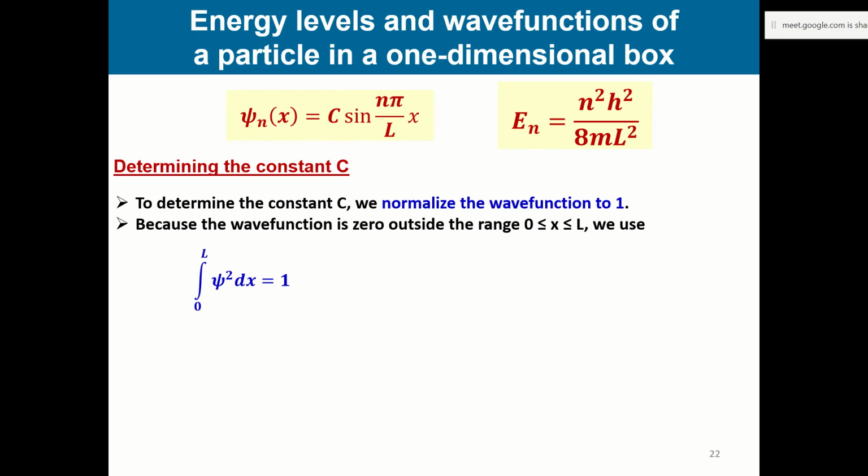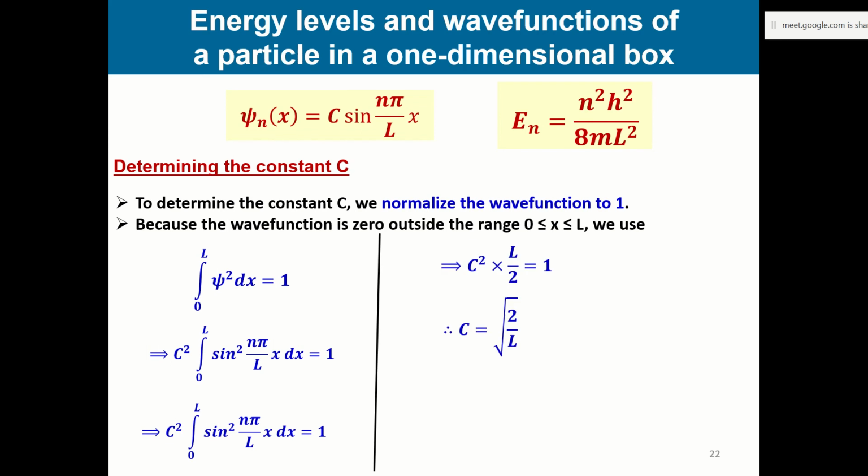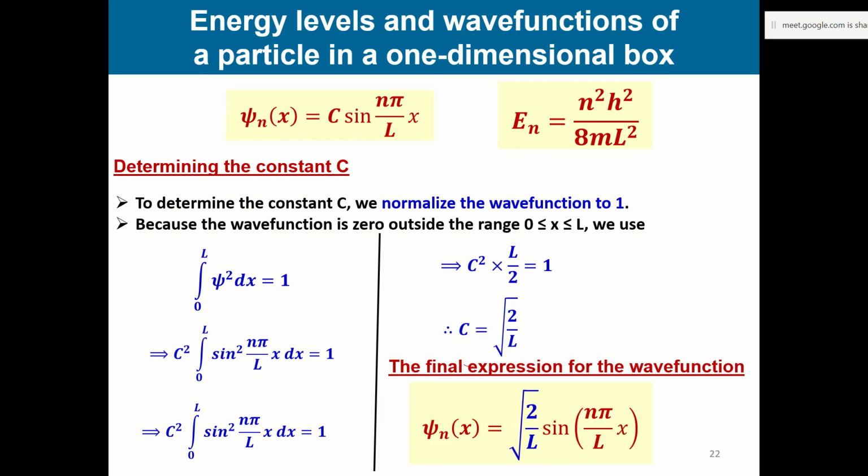So we find psi square dx integrated between 0 to L, and it must be equal to 1. When you do this and complete the integration, you get the value of c. This is also very simple, nothing is difficult so far.